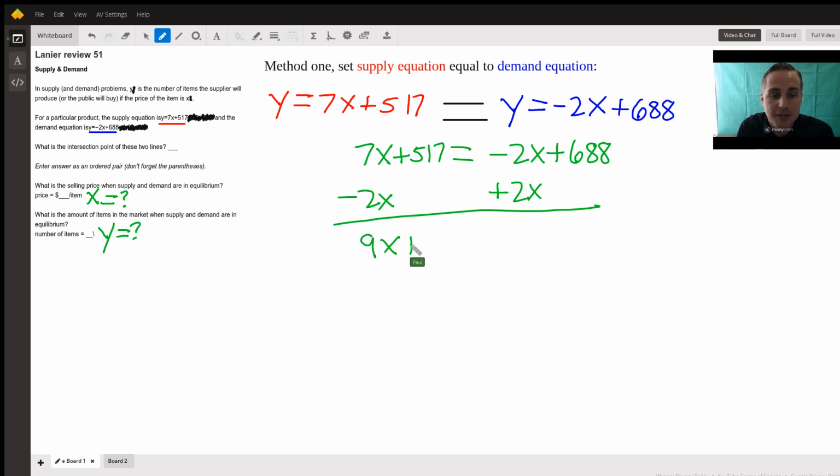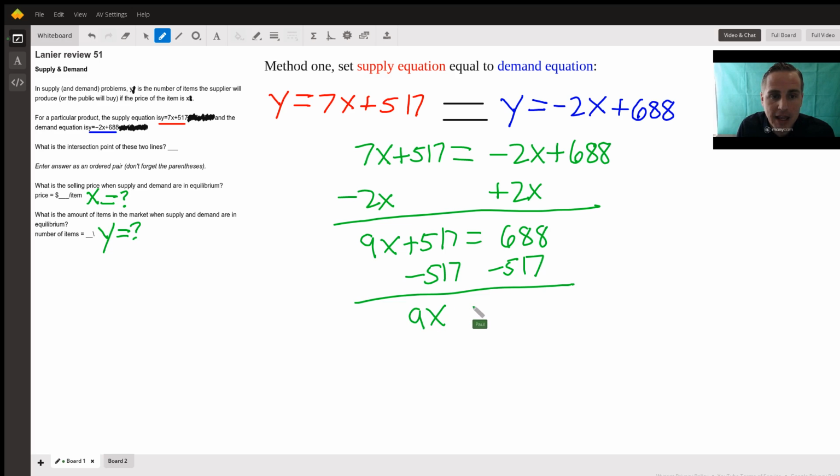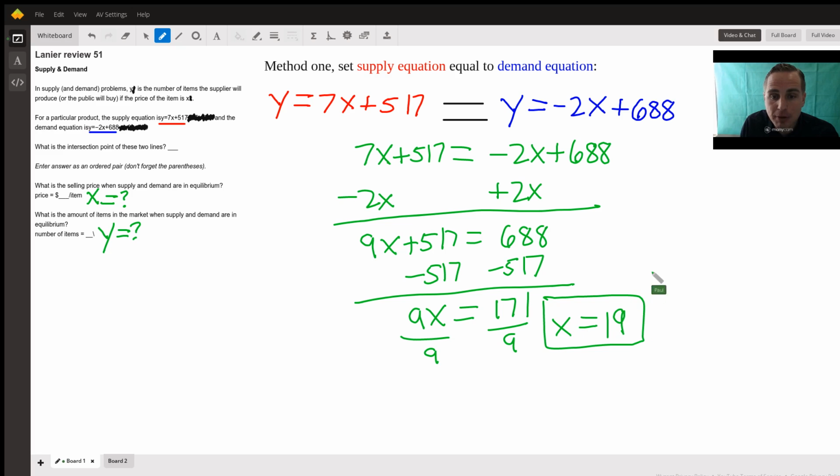Thus, we have 9x plus 517 equals 688. If we subtract 517 from both sides, we have 9x remaining equaling 171. And if we divide both sides by 9, we have x equals 19, just what we saw in the previous method. And then if we plug that into one of the other equations, we get what we had before.